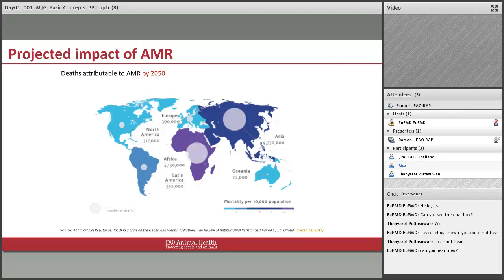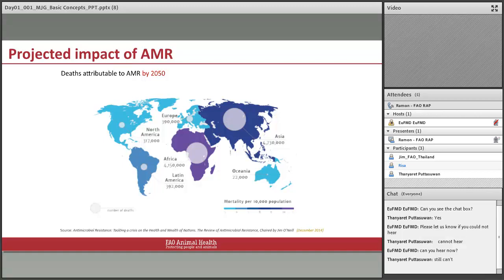And it's also projected that Asia, where you are coming from, will be the most significant contributor to this antimicrobial resistance, primarily because of the population, animal dynamics, and all that. So you can see here that of that 10 million, almost half is projected to come from Asia.